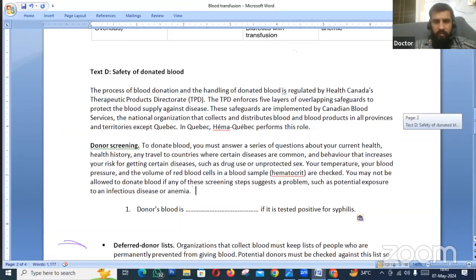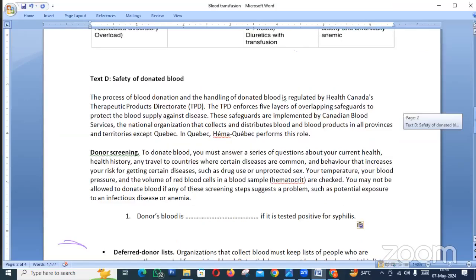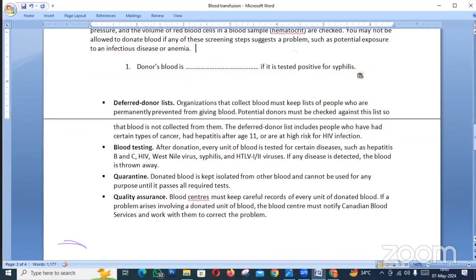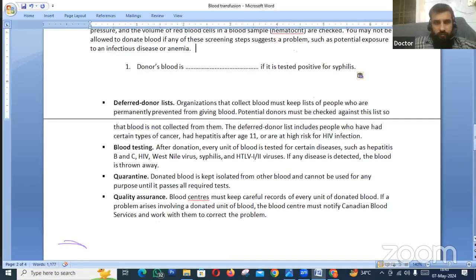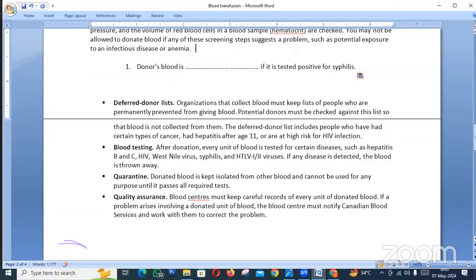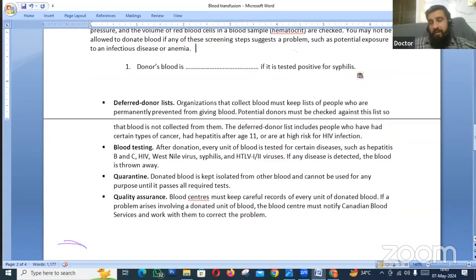I think no. Okay. Now you have this part. There is something about blood testing. Try to write your exact answer in the chat, please.